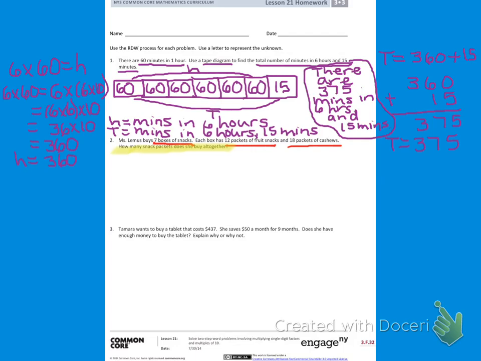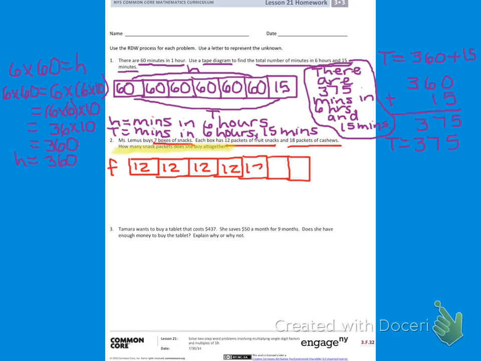My tape diagram here will have 7 sections since she bought 7 boxes. I'll label this F for fruit snacks. Inside of each of those boxes were 12 packets of the fruit snacks. So I'll label my tape diagram this way.